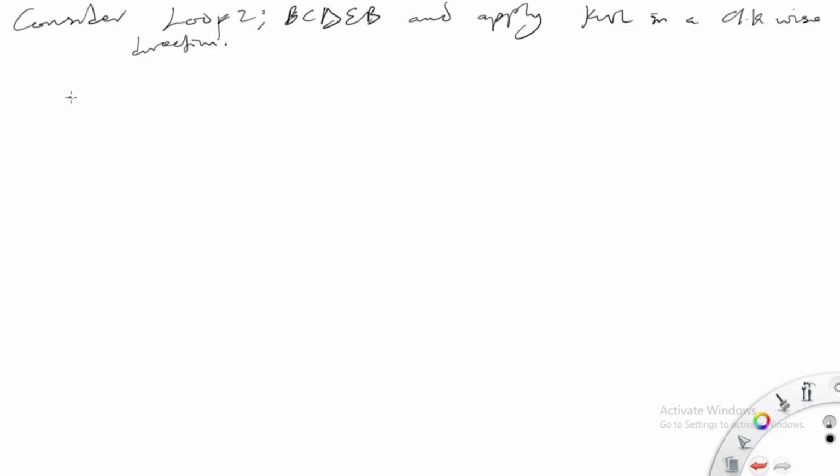You would see it will have a rise. We'll have 15 I2 there, because I2 is acting on it. Then looking at that voltage source would be a drop, minus 25.